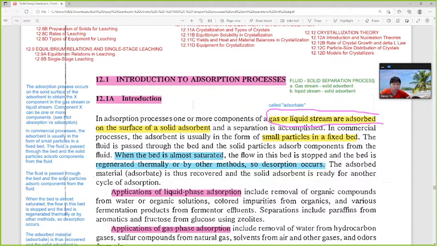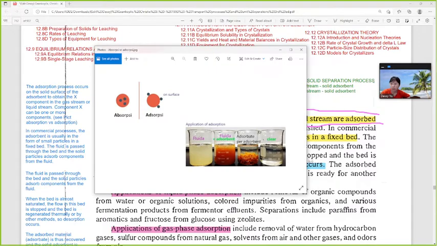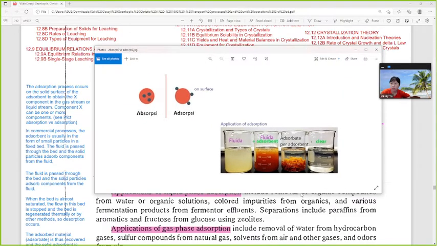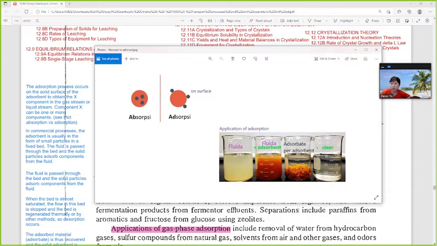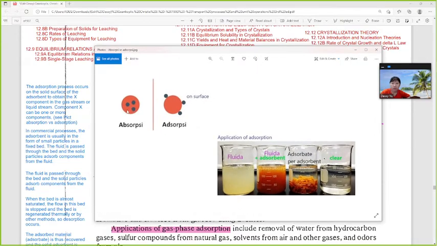We can see a picture about absorption and adsorption. Absorption is inside, adsorption is on the surface.